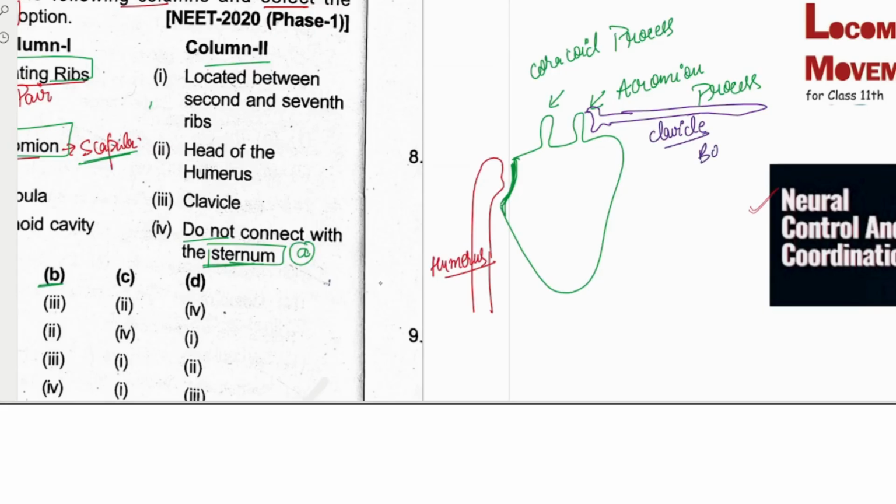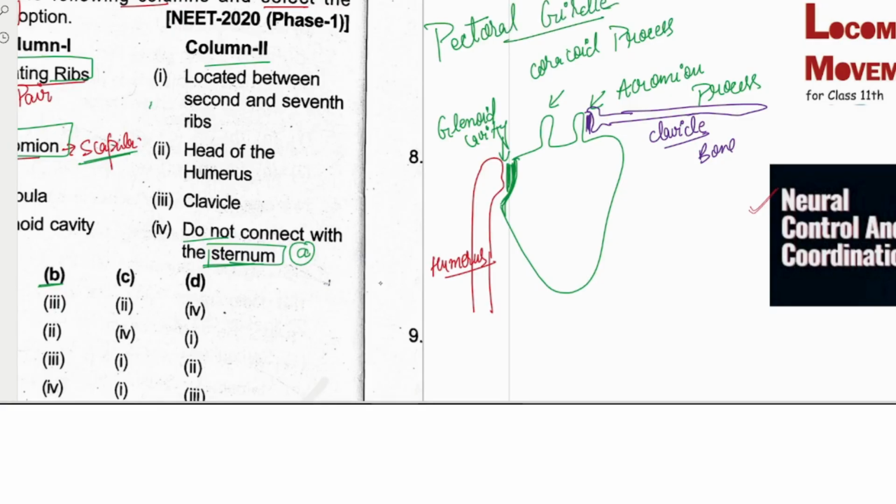So the attachment of the clavicle with the scapula is with the help of the acromion process, and the attachment of the humerus with the scapula is with the help of the glenoid cavity. Together these are known as the pectoral girdle, one side, whether left or right.